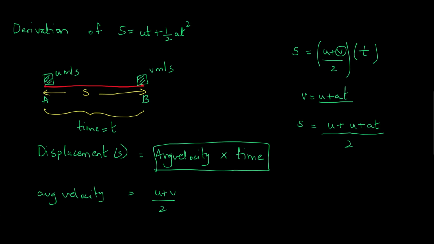That is how we got this, which is again multiplied by the time taken t. Here u + u is 2u, plus at, by 2, into t.